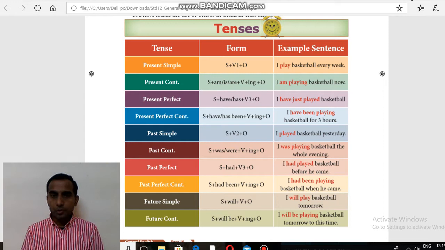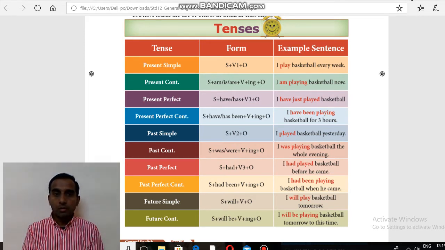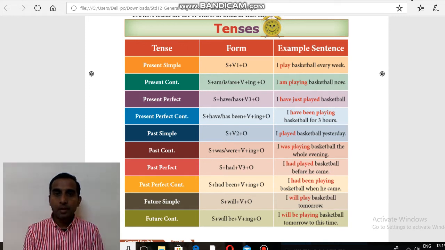So when the verb changes according to each sentence, accordingly the number has been given in the rest of the column, which you can see on the screen there. So present simple, play, the verb is in its original form. Look at the verb in the second one, present continuous. Am playing. Now, when you look at the sentence here, am playing, you can see it is continuous.